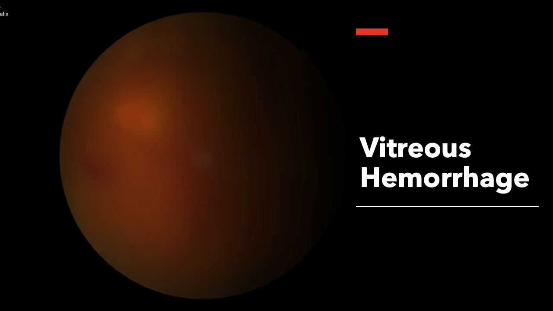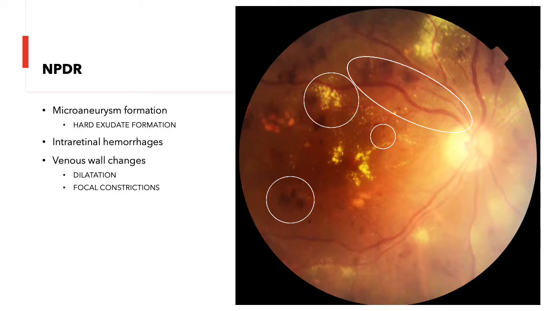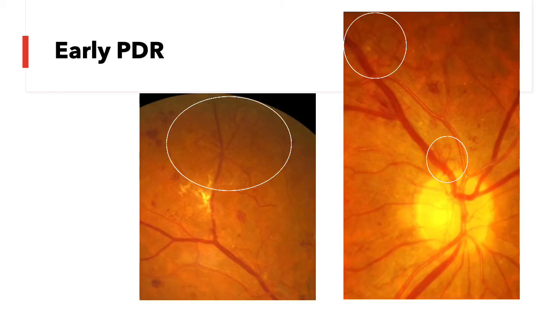Therefore, as primary care healthcare providers, our task is to detect the presence or absence of diabetic retinopathy among diabetic patients as early as possible using features seen in the color photo of the retina. Okay, as a review, for NPDR or non-proliferative diabetic retinopathy, we look for microaneurysms, hemorrhages, exudates, vessel wall dilation, and venous changes.